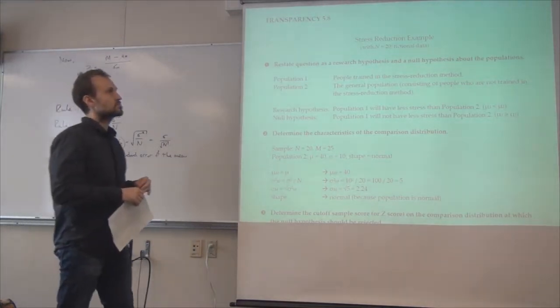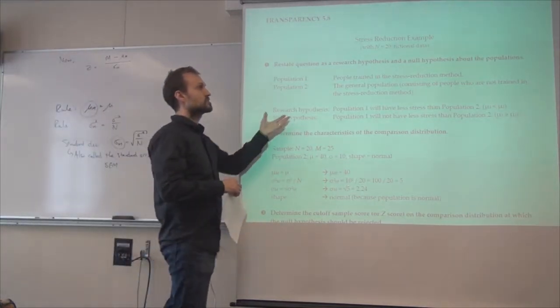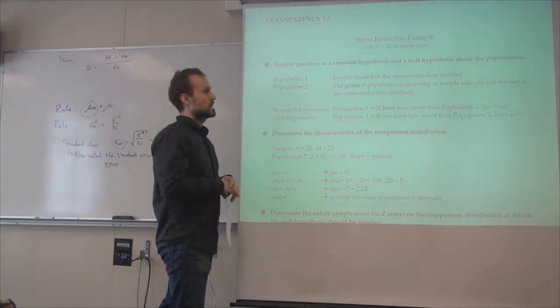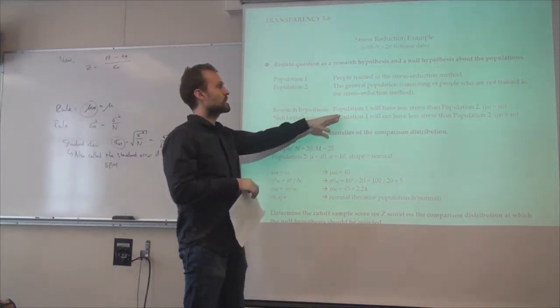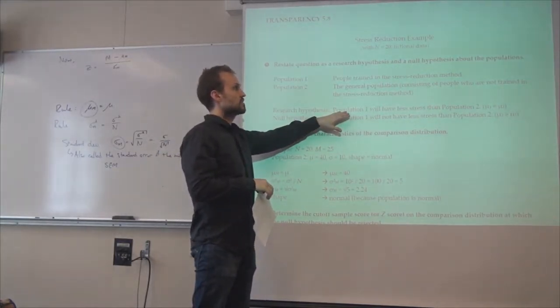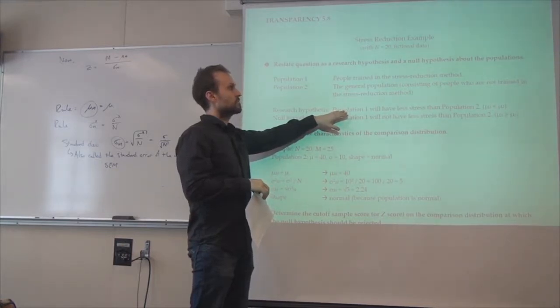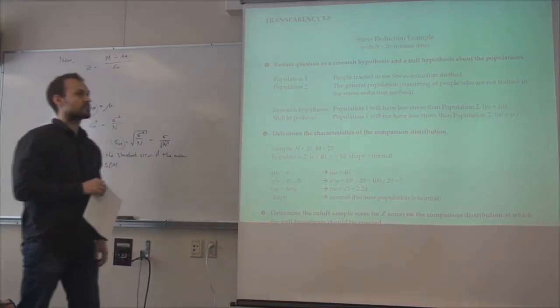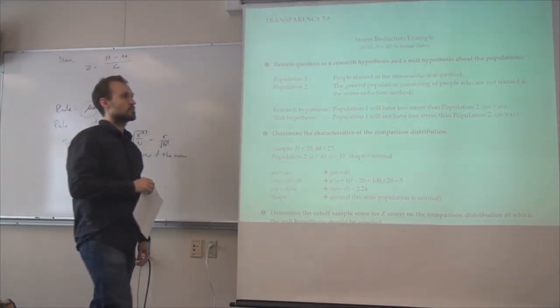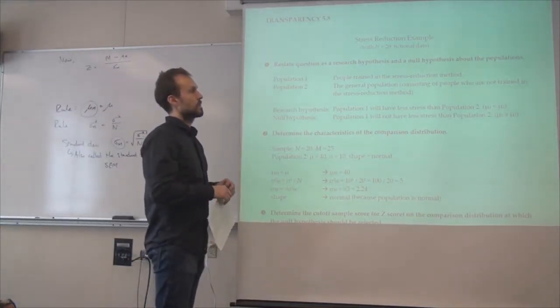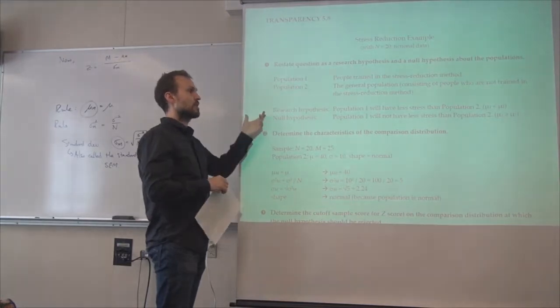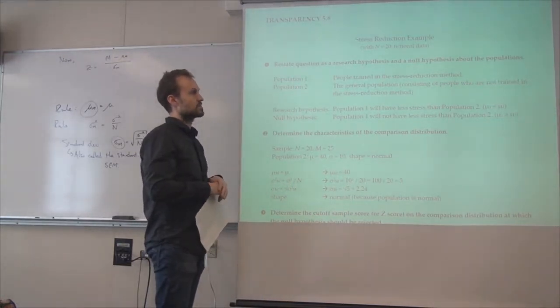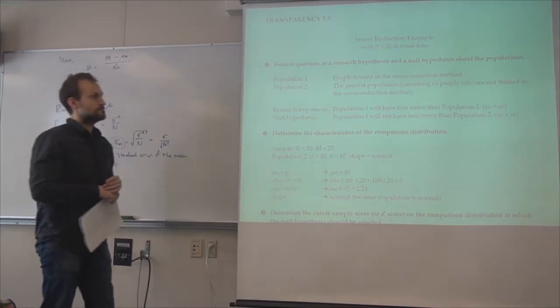And I'm trying to see if there is a reduction in stress. So population 1, with the method applied, will have a lower average stress, a lower mean compared to the general population. And the null hypothesis is then the opposite. No, it has no effect.